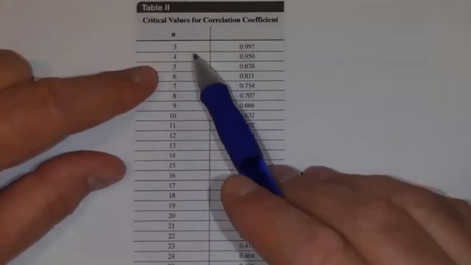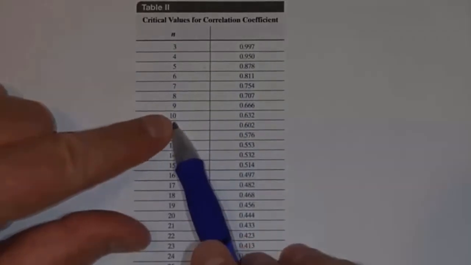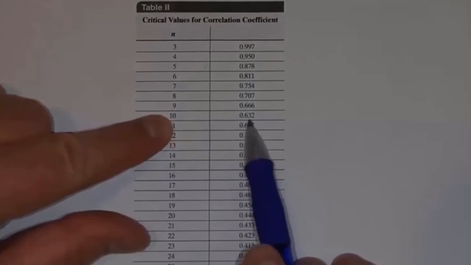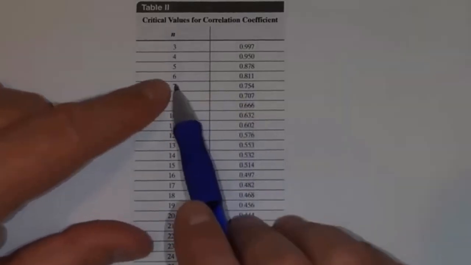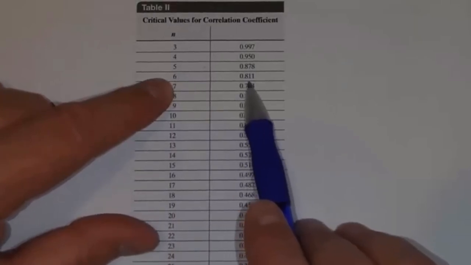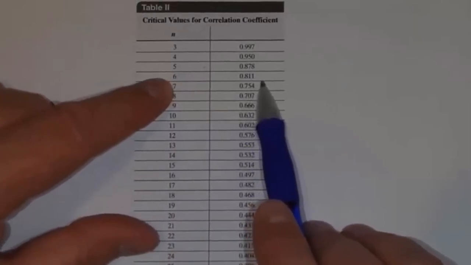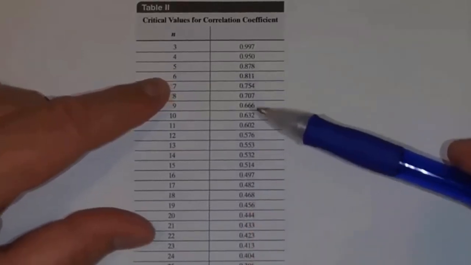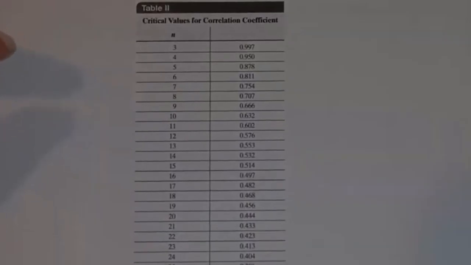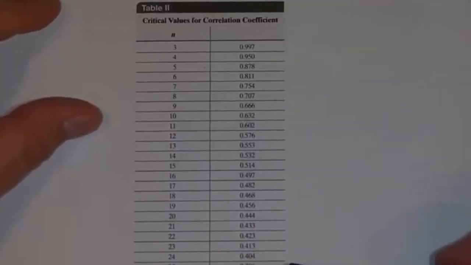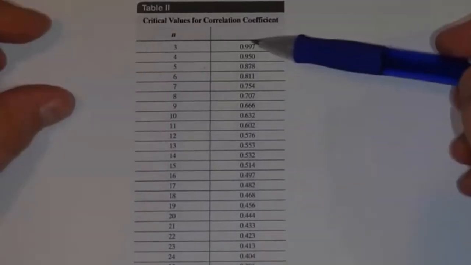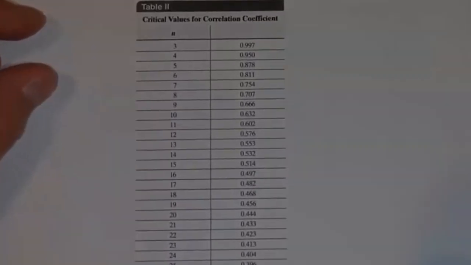So if I have a sample size of 10, then the correlation coefficient has to be 0.632 or larger in order to say that we have a linear relation between X and Y. But if our sample size is 6, then the correlation coefficient has to be 0.811 or larger in order to say there's a linear relationship. So we're going to compare our correlation coefficient to the appropriate critical value, the appropriate cutoff.